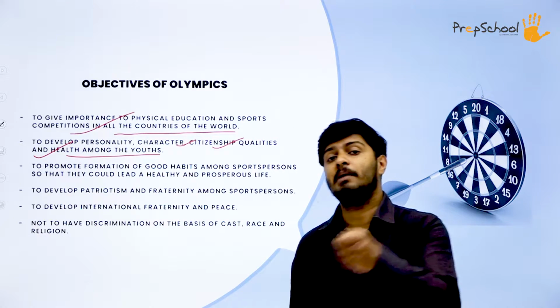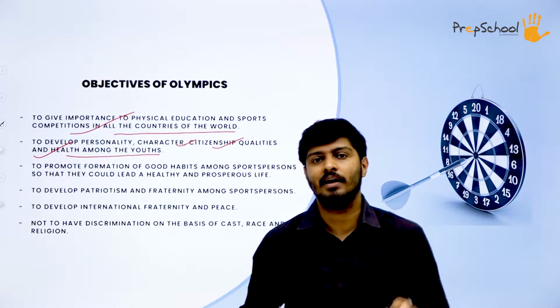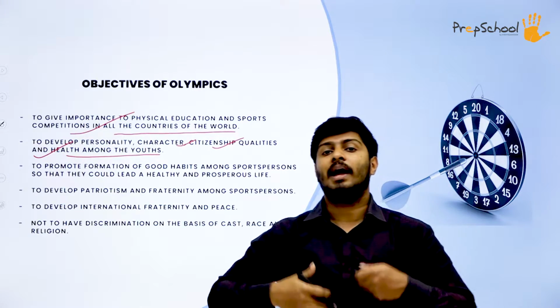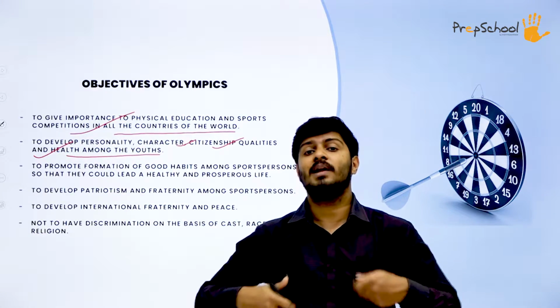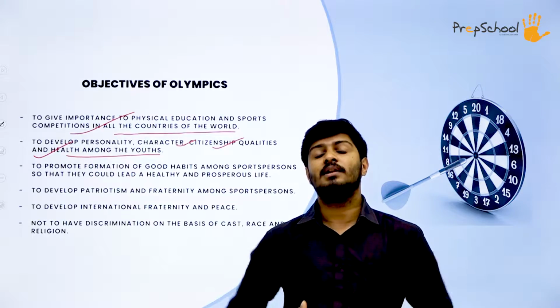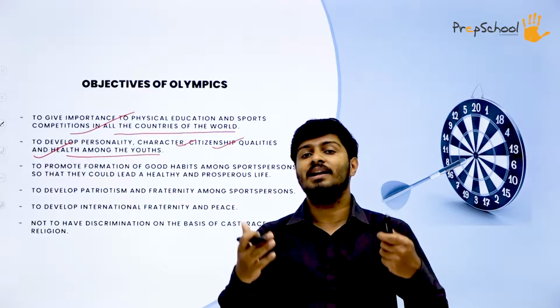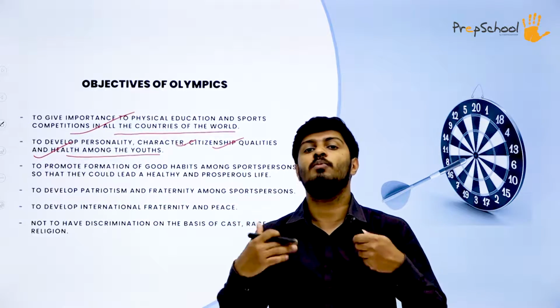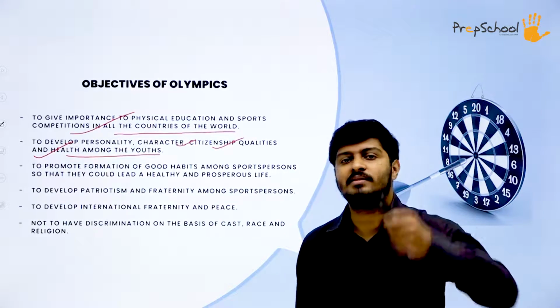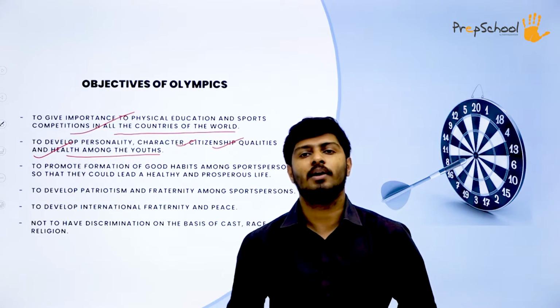Like I said, if you take part in any physical education activity or sport, your character improves, your personality develops, your physical strength develops, you stay mentally fit, and your health becomes better. So that's the second objective of conducting the Olympics.